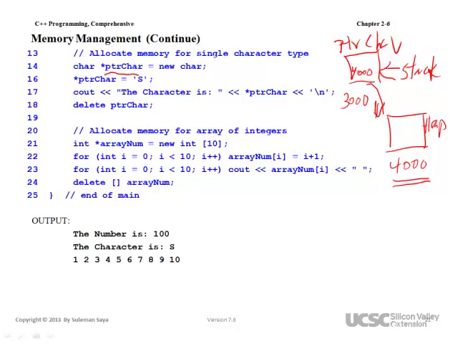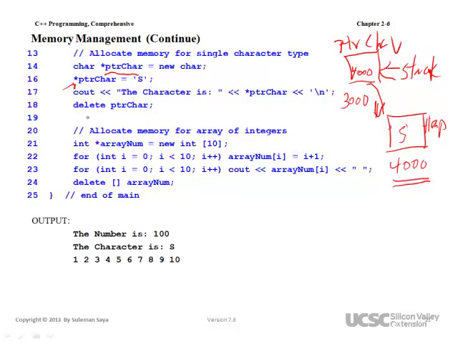And then at line number 16, all I'm doing is the dereferencing right here. I'm doing the dereferencing on ptr char, and I'm assigning a character s right here. So the ASCII value of character s will be assigned right here in the heap where we allocated the memory.